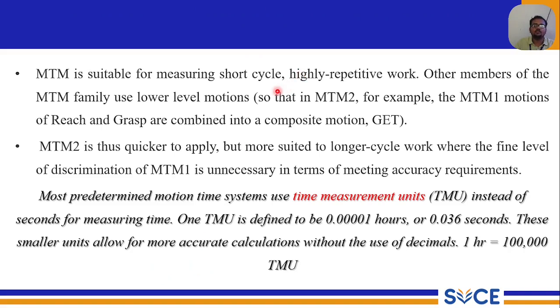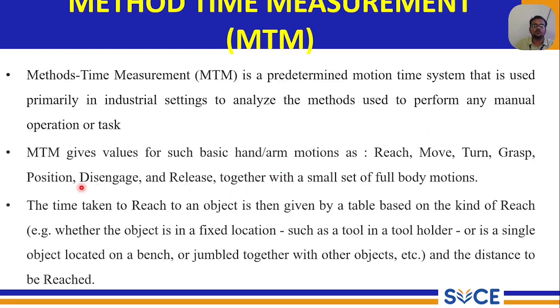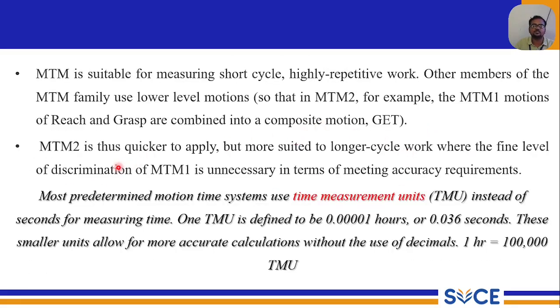MTM has a classification of MTM1 and MTM2. MTM1 is predominantly for short cycles where the work is highly repetitive, and only the basic motions of reach, grasp and hold are considered, whereas in MTM2 many other motions, including engage, disengage and all those mentioned here, are also considered.